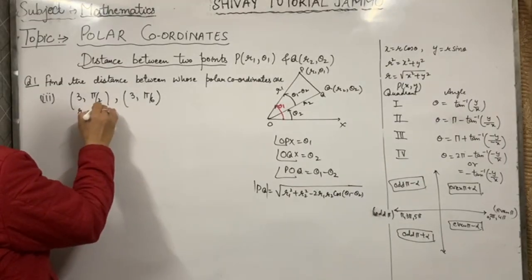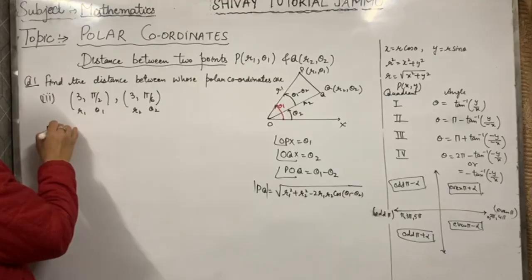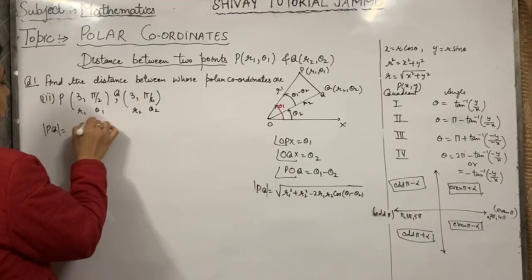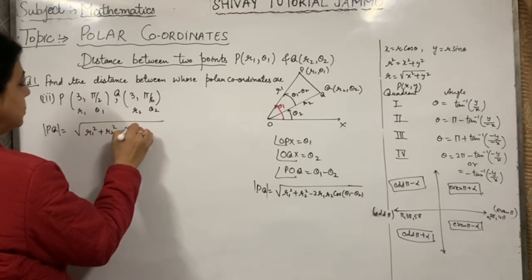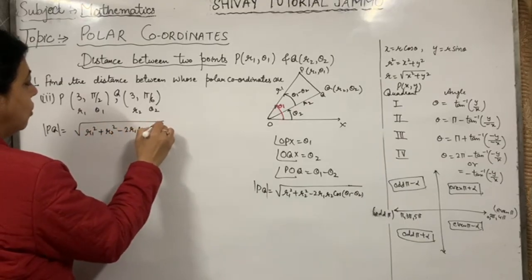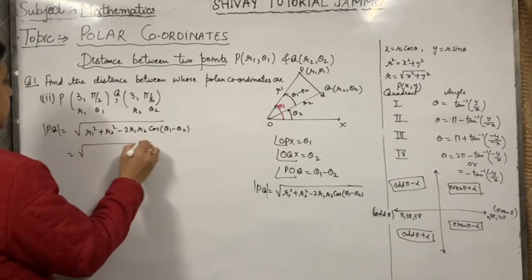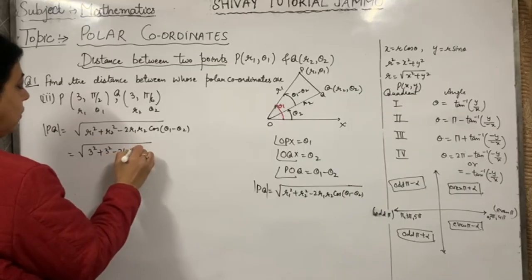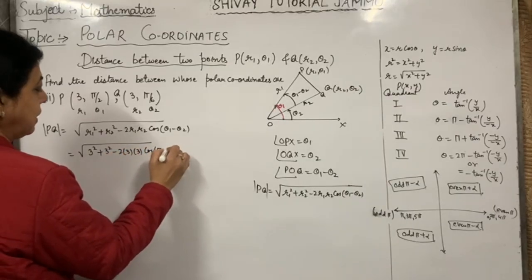This is r1 theta 1, this is r2 theta 2. And distance between PQ points is root of r1 square plus r2 square minus 2 r1 r2 cos (theta 1 minus theta 2). Okay, this will be 3 square plus 3 square minus 2, 3 into 3 cos (pi by 2 minus pi by 6).